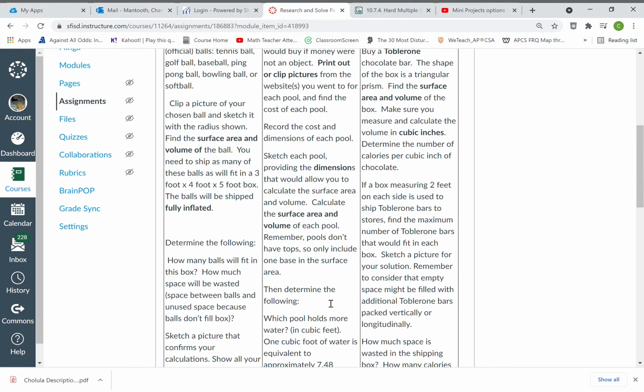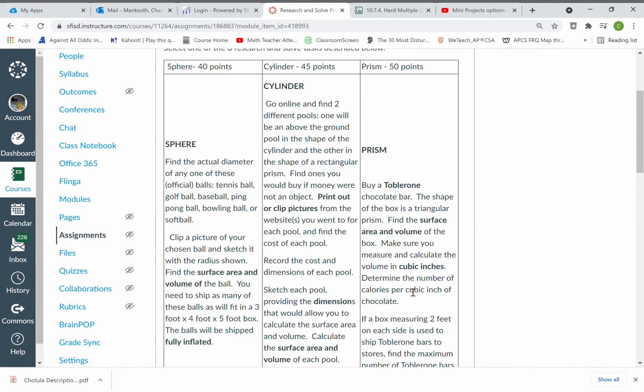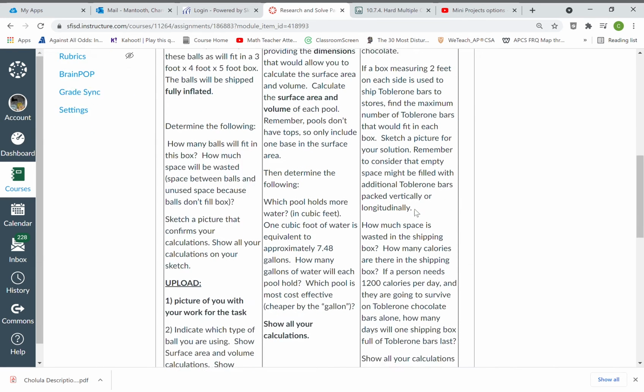If you choose the Toblerone bar one, it's similar to the ball one, except that there are more questions, it is worth more points, and you can fit a lot more Toblerone bars in a box than you can balls, because there's a lot less wasted space, so you have to imagine packing it better. So you do have several questions to answer.